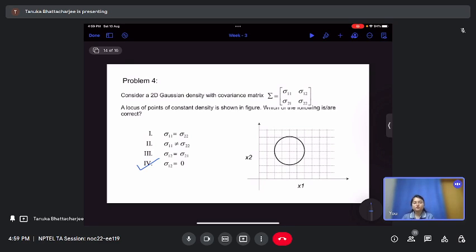So the fourth condition, sigma 1 2, will be 0. Similarly, sigma 2 1 will also be 0. Actually, these covariance matrices are symmetric matrices.